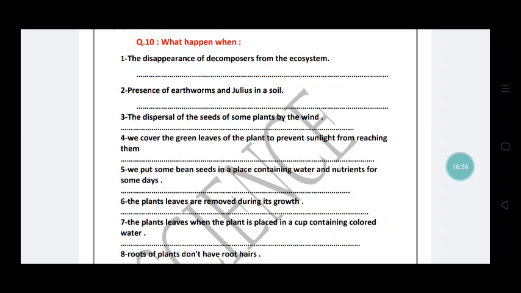The food web will be affected because many living organisms will lose their source of food.